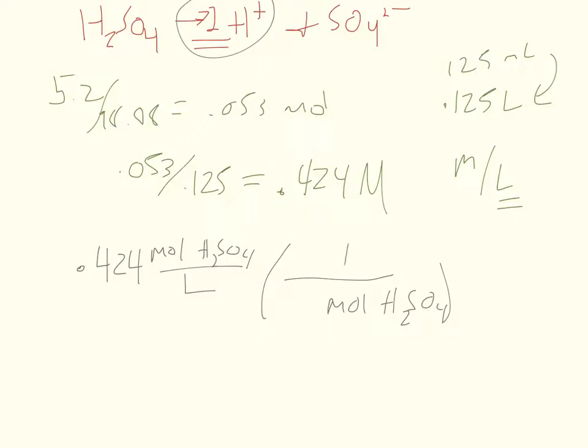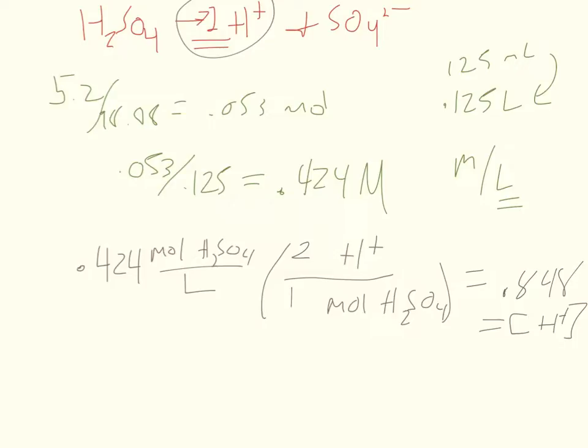And on the top, I'm looking for hydrogen ion concentration. Up here in the balanced equation, this is 1, and this is 2. So I can put this in. This is a 2-to-1 ratio. So when I multiply that through with my calculator, I get 0.848. So my hydrogen ion concentration is 0.848, not 0.424.